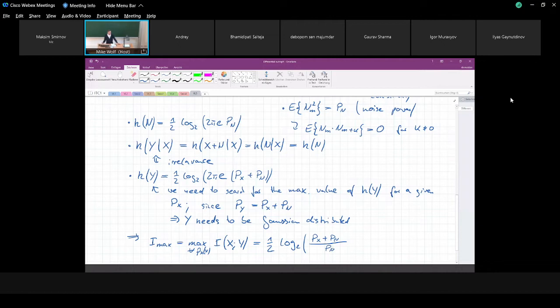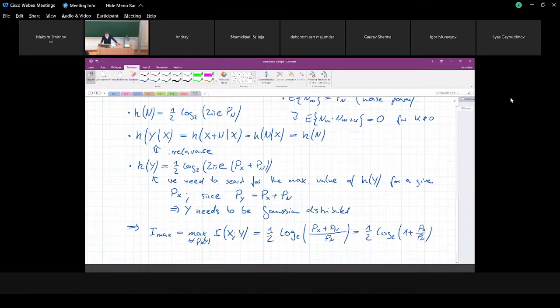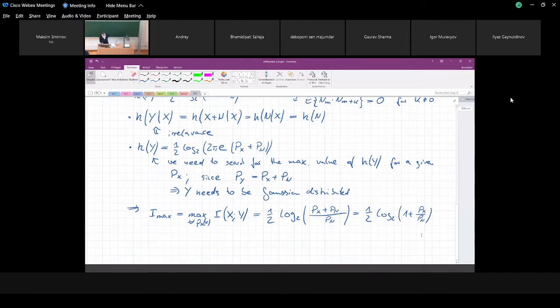The other terms cancel out. This can even be written more simply as log 2 of 1 plus Px divided by Pn. So this ratio of the signal power compared to the noise power determines the channel capacity per symbol, in bits per symbol.